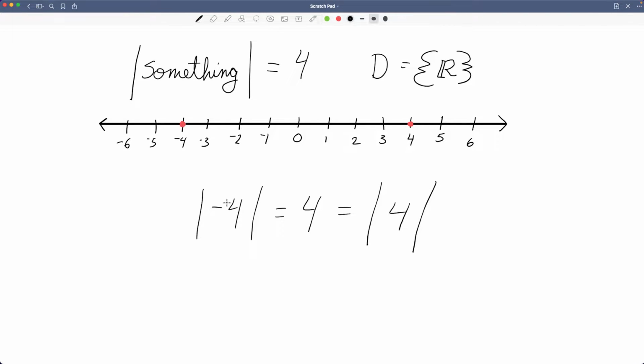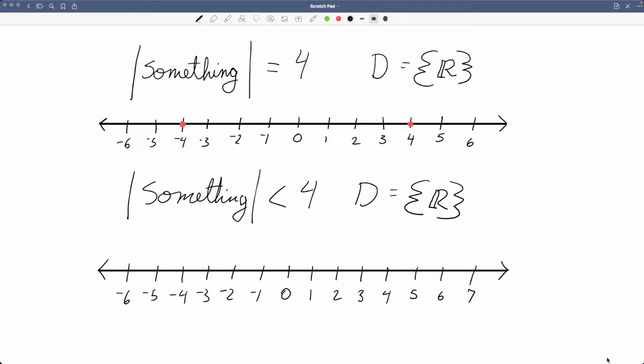So the absolute value of -4 or +4 would equal +4, because 1, 2, 3, 4 is the distance from 0 on either side on the number line, right?